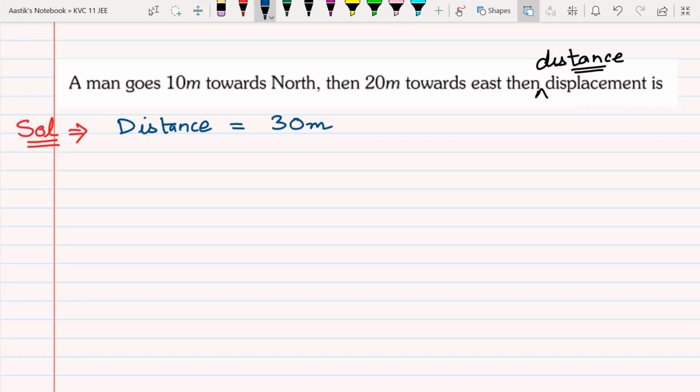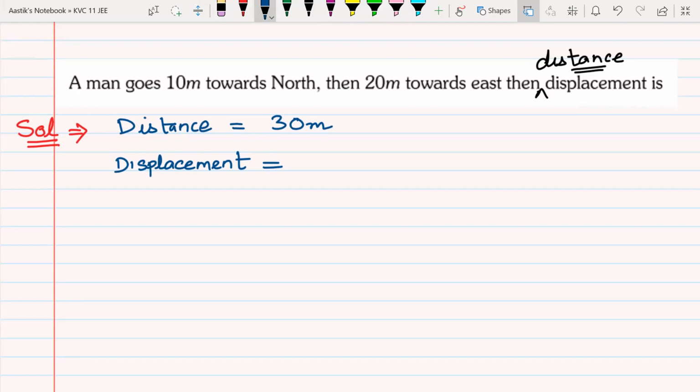What about displacement? 10 root 5. How did you get 10 root 5? 10 meters, sir. Remember, whenever we're talking about displacement, you must remember displacement is what type of quantity? Vector quantity.